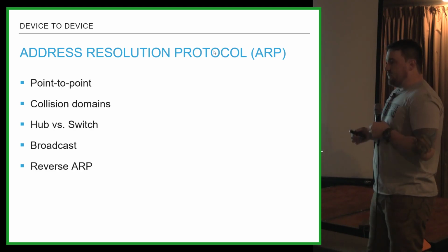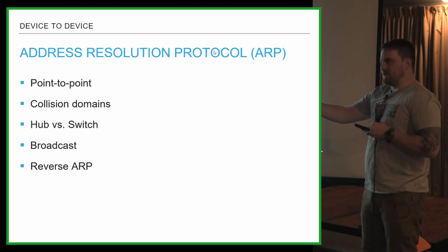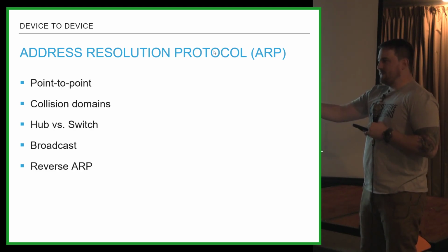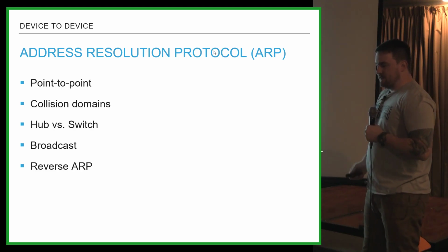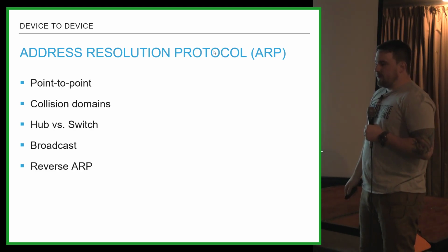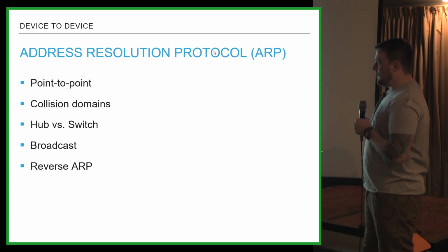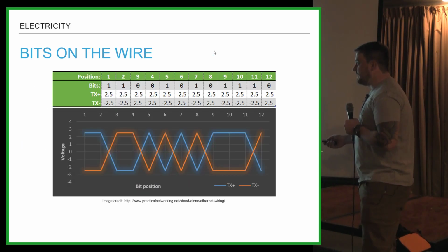Basically, the way that works is I can tell you, I know you didn't ask for my address, but here's my physical address, and I'm at this IP address. So it's a way of informing you before you ask, I guess. But we're gonna talk about why this is a problem in a future slide.